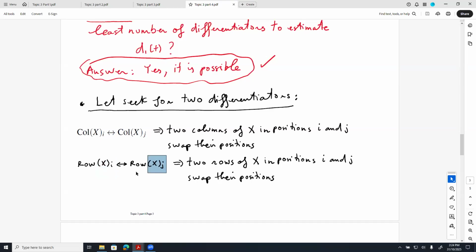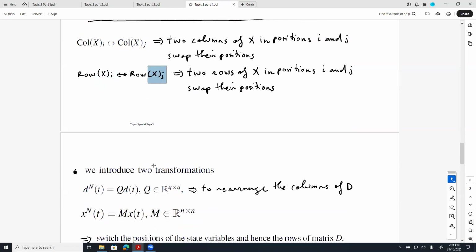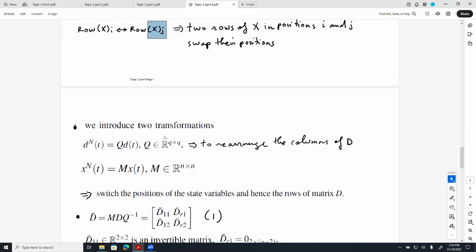Now, keeping this operation in mind, we're going to introduce some transformations, some state and input transformations. So the first thing we do is rearrange some of the columns associated with matrix D, which in turn is associated with the way we arrange the unknown inputs through a matrix Q. Q is invertible.